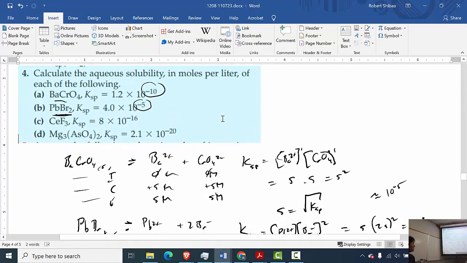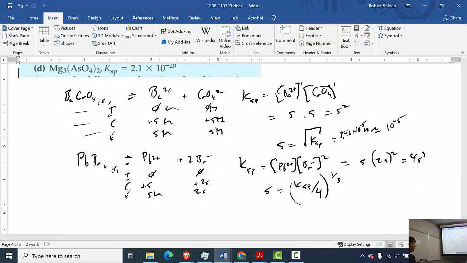The first one, 1.2 times 10 to the minus 10, the square root of that: 3.46 times 10 to the minus 5. The solubility is 3.46 times 10 to the minus 5 molar. These are molar solubilities.